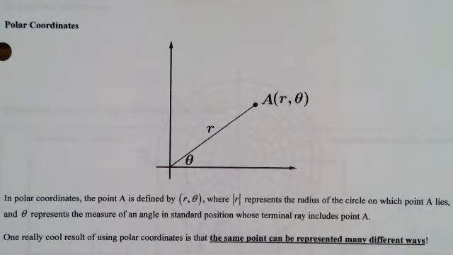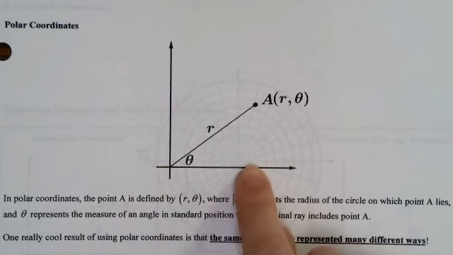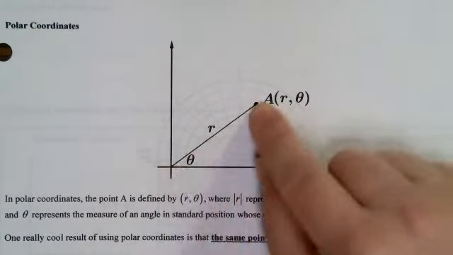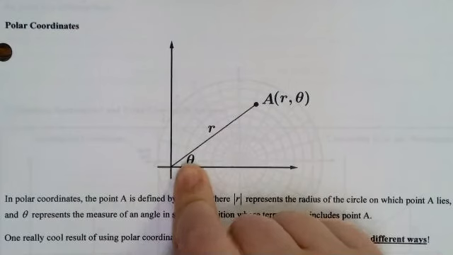So what we have here is a little picture of the way that a point is graphed on our polar coordinate system. Instead of using an X and a Y, like normally we would say, to the right this many, and up this many, we're going to look at this as a radius, or R, and theta.